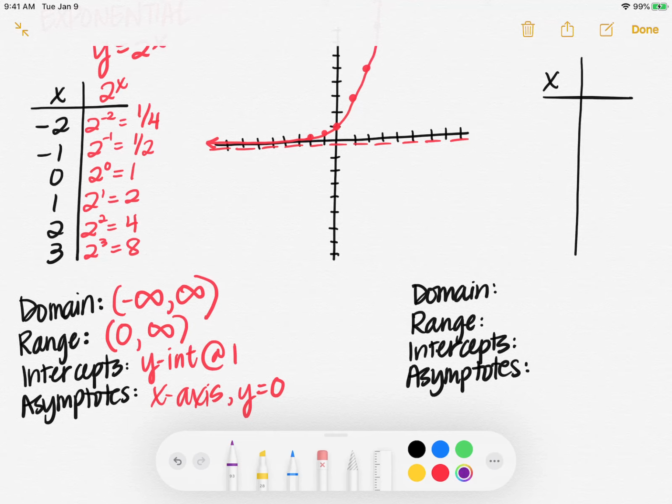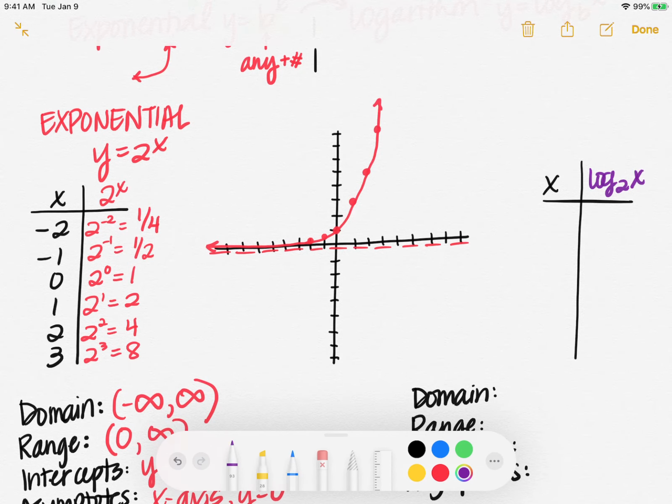Let's talk logs now. Logs are everything of this, but just the inverse. So do me a favor. This is going to be log base 2 of x. Try to create a table, knowing that it's just the inverse, and try to create a graph, again, knowing that it's just the inverse.